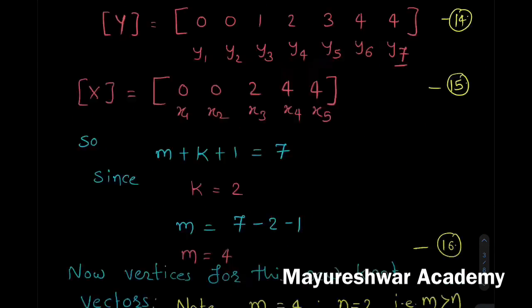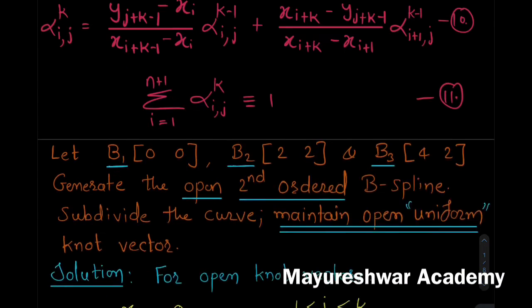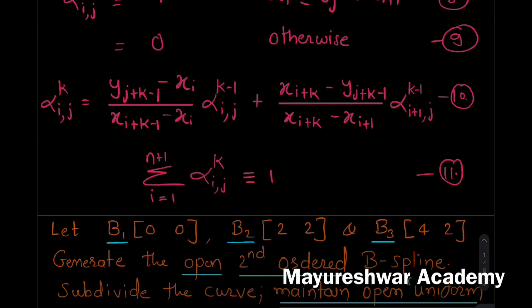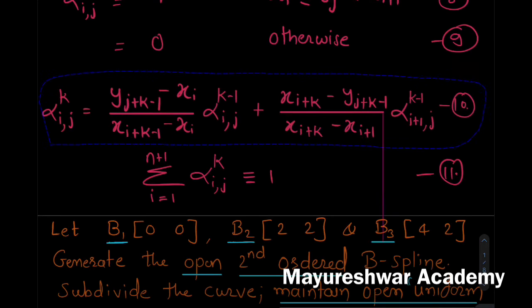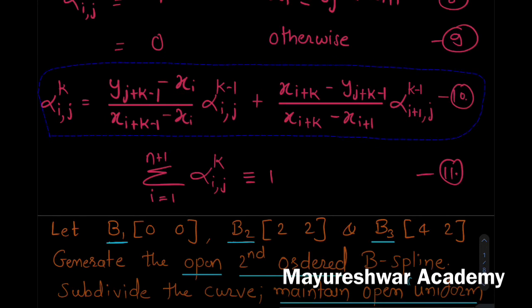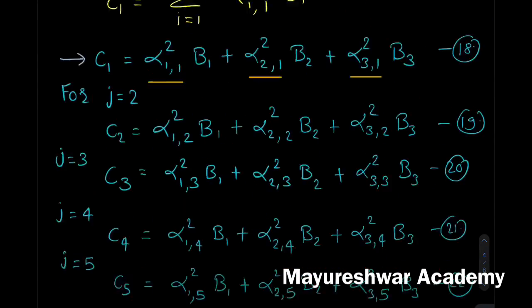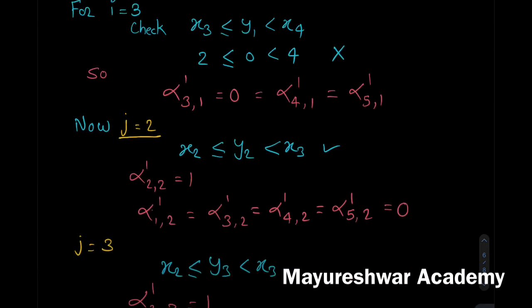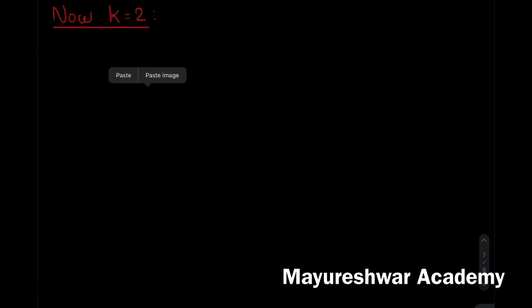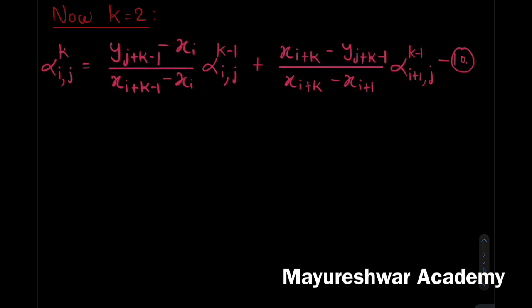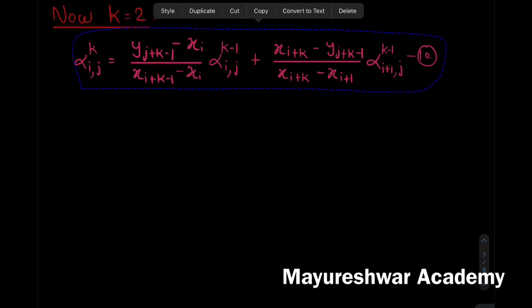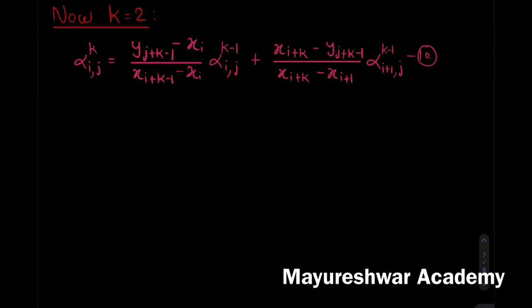So let us first of all copy the recursion relation, that is equation 10 of alpha with k as the order. So copy this and let us paste it. So now, we already know that the value of k in this case is going to be 2.